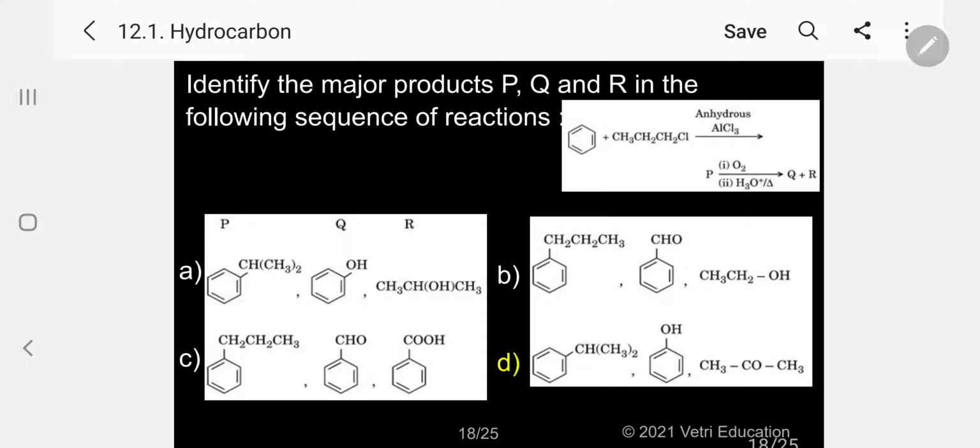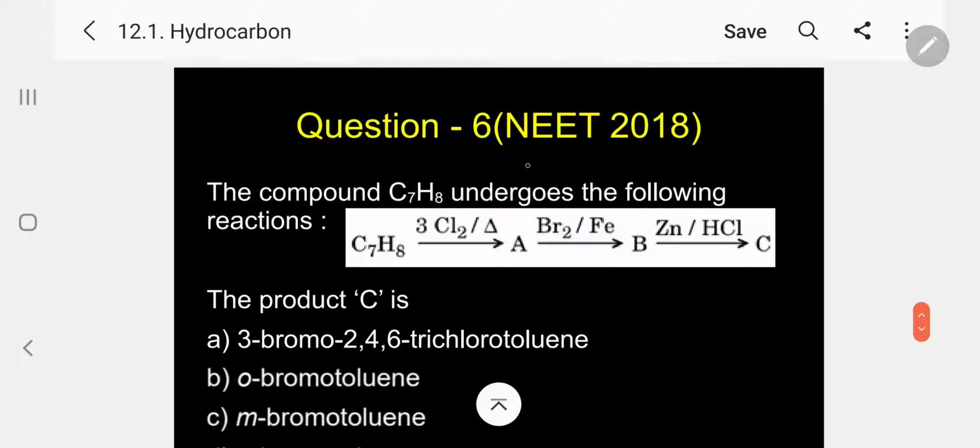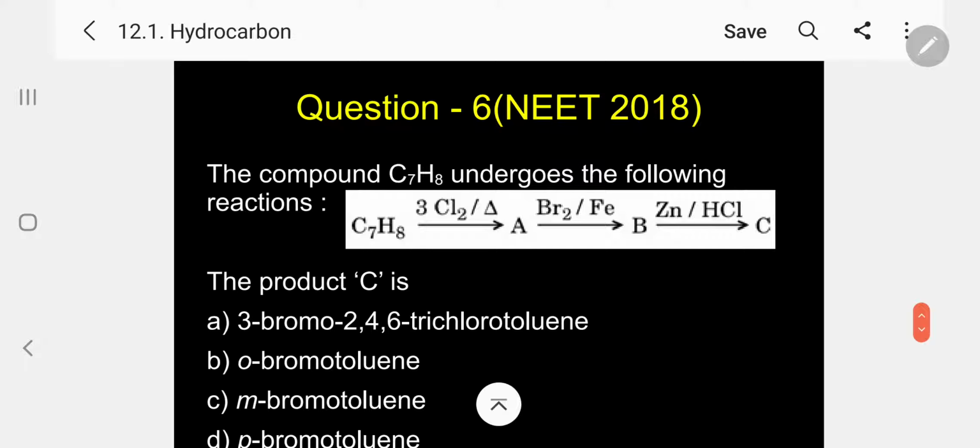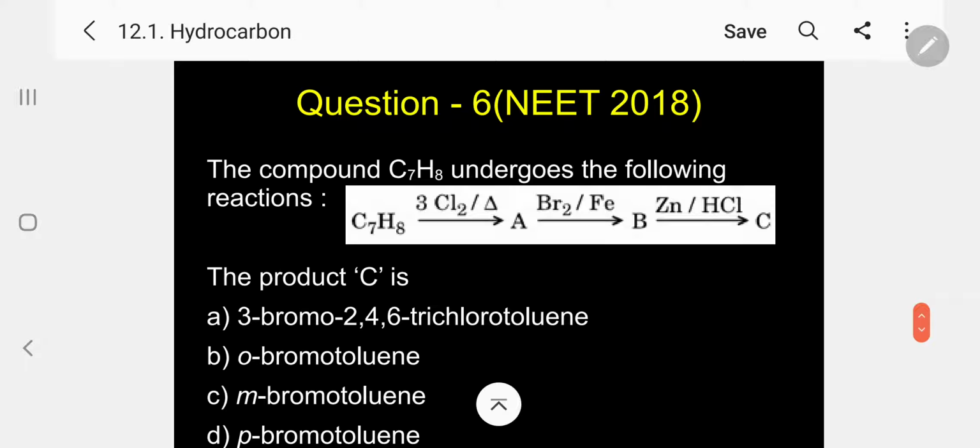Please follow. Next question, question number 6. The compound C7H8 undergoes the following reaction.